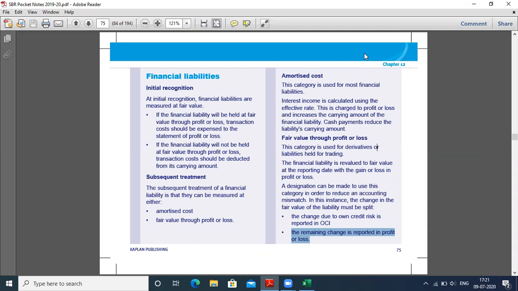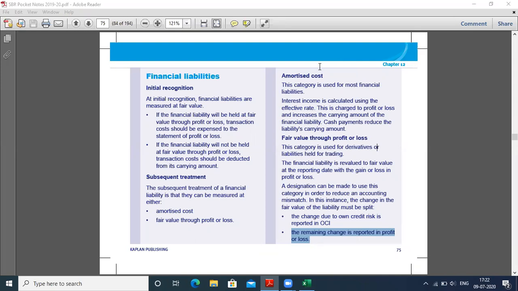Default in payment, risk of default, very good. Exactly, we can say the risk of default, or default in payment.